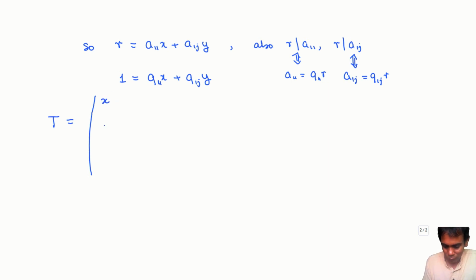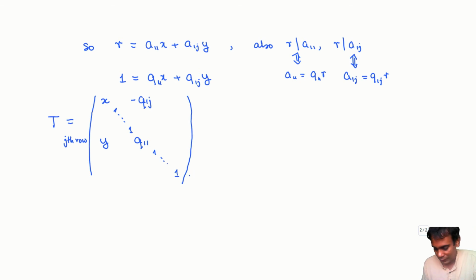In the 1,1 position, I'm going to put X, and it's going to have mostly zeros everywhere, but in the jth row I'll put Y, and then I'll have identity ones along the diagonal, except in the jth row and jth column I'm going to put Q11, and over here I'm going to put negative of Q1j, and I'm going to continue with the ones over here.